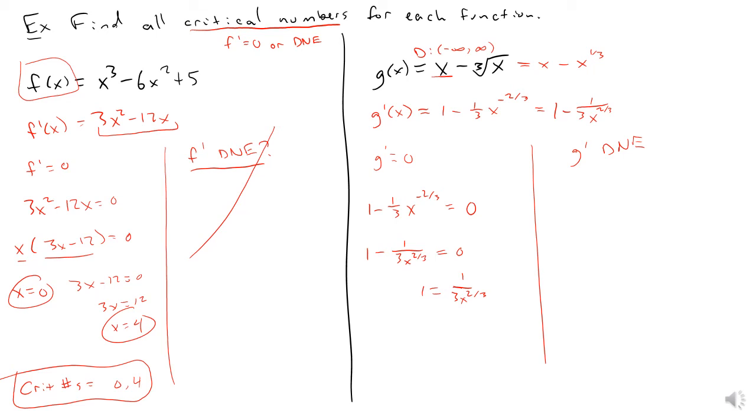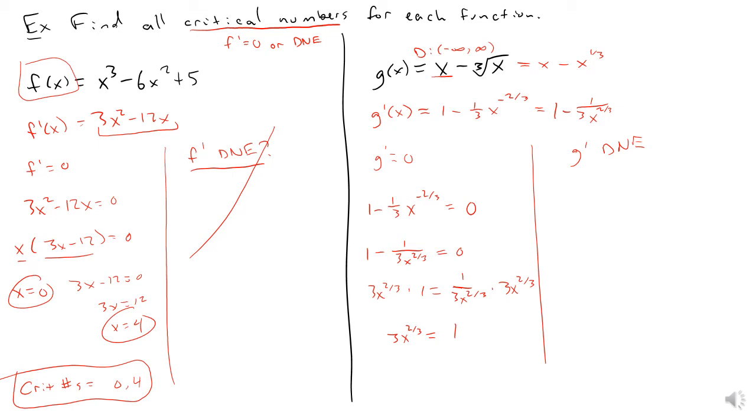Another thing we like to do when solving equations, if there's a fraction, is clear the fractions. I can do that by multiplying both sides by what's in the denominator. So now I have 3x to the 2/3 equals 1.